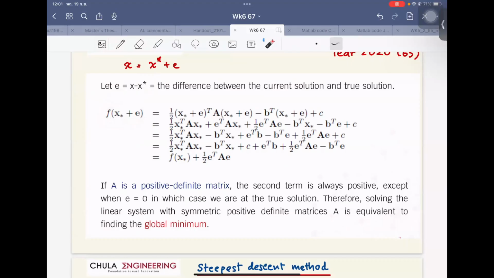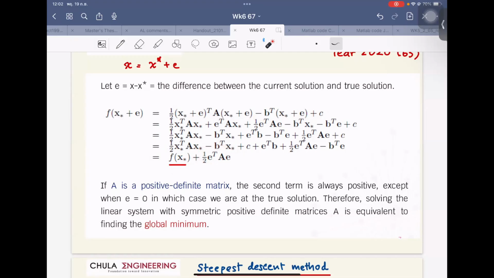Now we can write f at x star plus e. This is our original quadratic equation, right? When we get the last equation, what happened? It is the function at the true solution, plus this term, which will be positive if matrix A is positive definite, right?